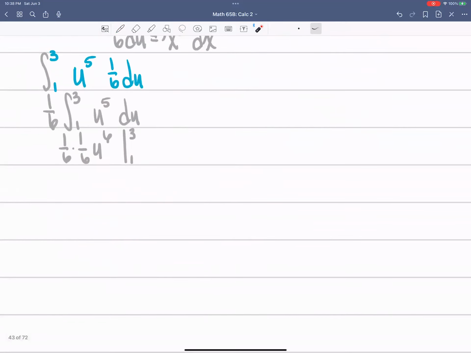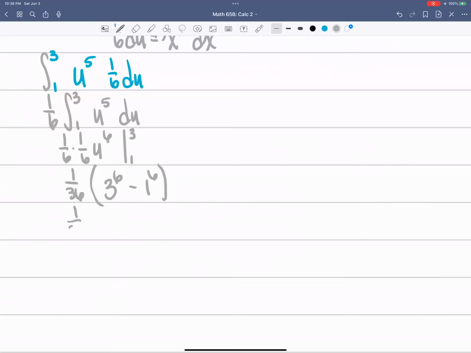So integrating with respect to u, we have 1 over 36. And here we could factor that part out. We have u to the power 6, so 3 to the power 6 minus 1 to the power 6.